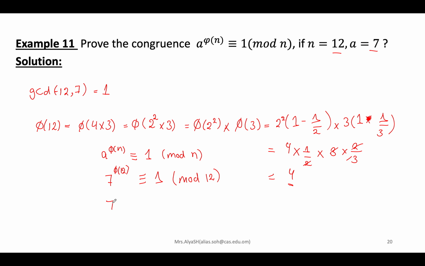So 7 to the power 4 is congruent to 1 mod 12. And 7 to the power 4 is 2401, which is congruent to 1 mod 12. And if we check, when we divide 2401 by 12, we get 1 as a remainder, and 1 divided by 12 gives 1 also as a remainder. Therefore, 2401 is congruent to 1 mod 12.